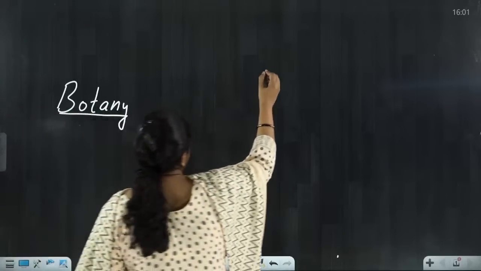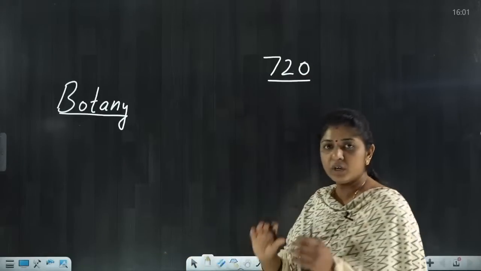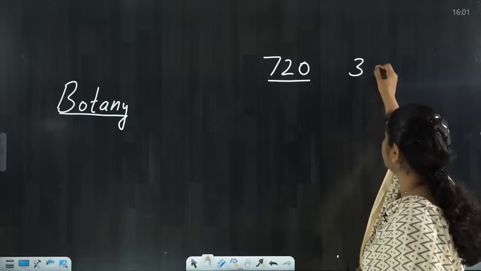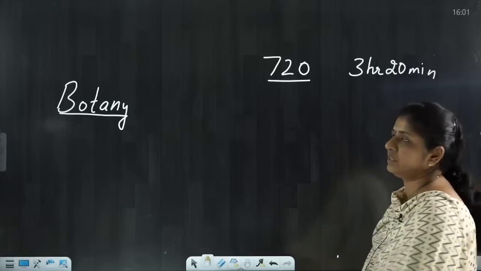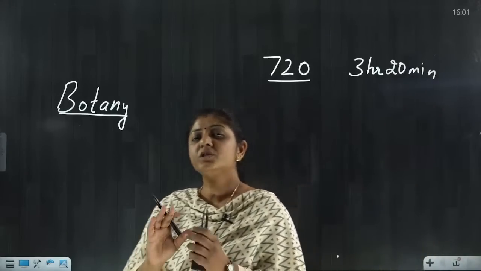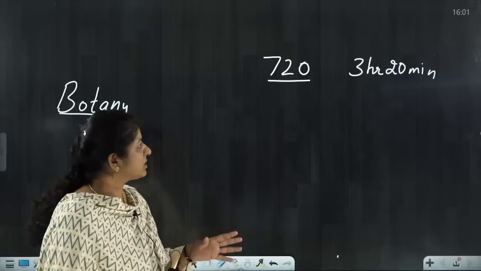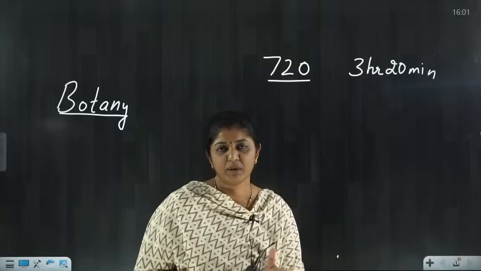The total marks for the NEET exam will be 720, for all subjects. The duration will be 3 hours 20 minutes to solve all the questions for 720 marks. Let me repeat, 720 marks you have to cover in 3 hours and 20 minutes.